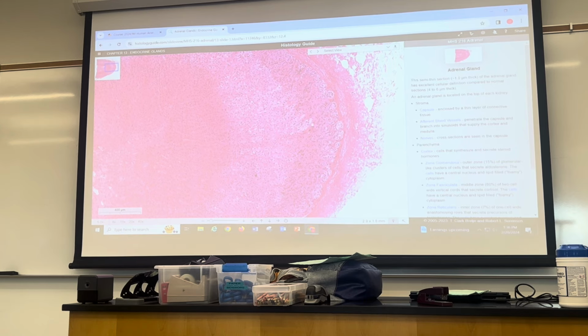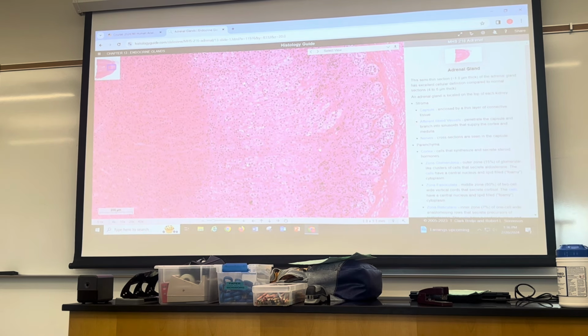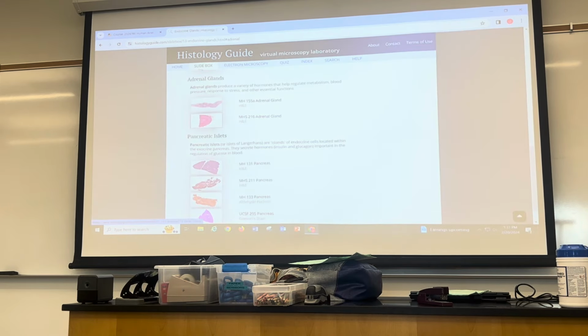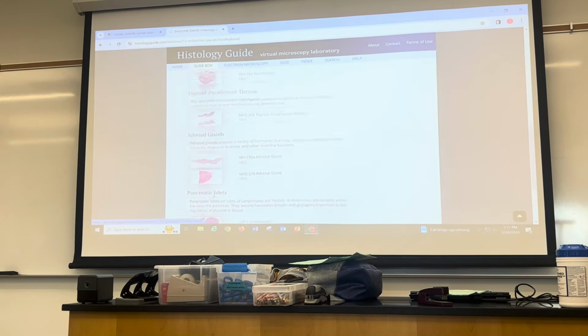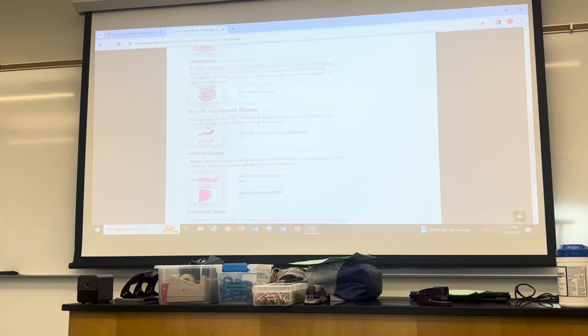If you see a lot of cells organized in different shapes, that's what's going to give you that orientation. And you can see that there's not very many slides for each of these, so you guys can study off of these and it's all good.